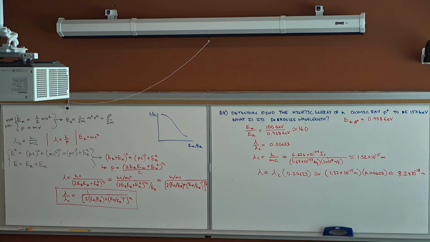The size of the nucleus of an atom is on the order of 10 to the minus 15 meters. And so this is smaller than the nucleus of an atom.